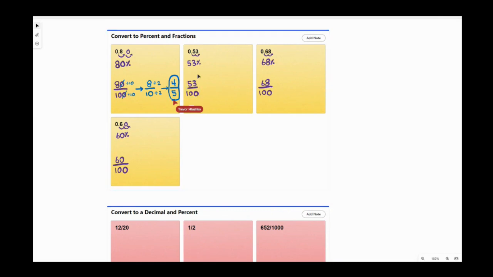I can't divide those by the same number. 53 is a prime number. Okay. That is already in simplest form. One of the things that we're going to look at in our next unit is divisibility rules, and looking at how we can see quickly if a number can be divided by 2, 3, 4, 5, 6, 8, 9, or tens. Okay.